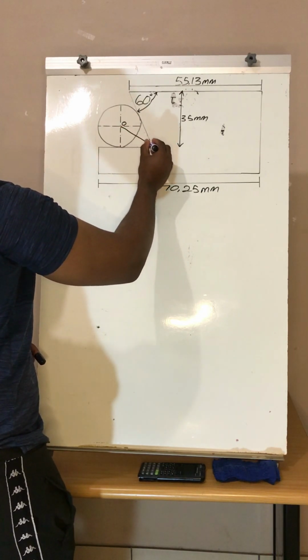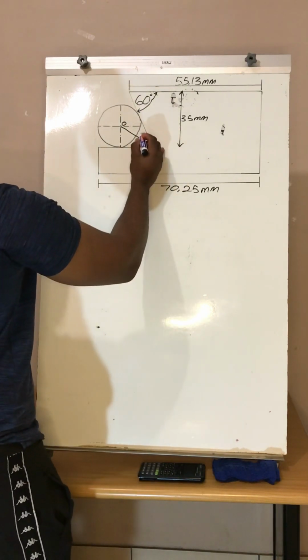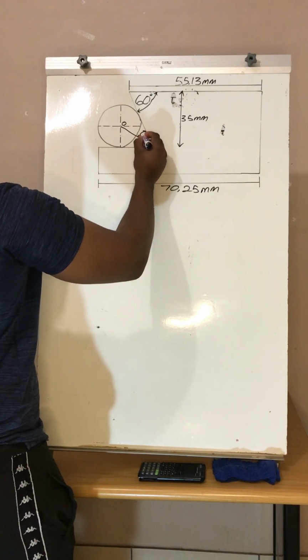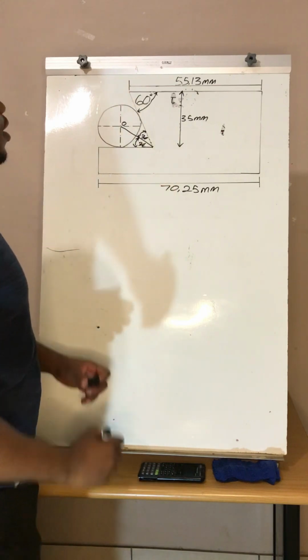You have 30 degrees on both sides, which is still 60, 30 and 30, still 60, right?